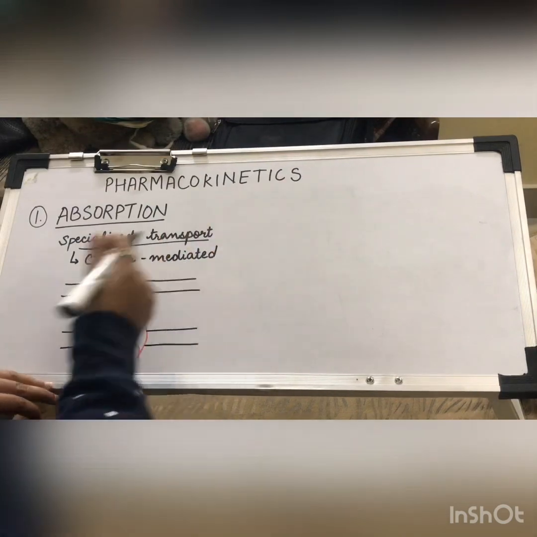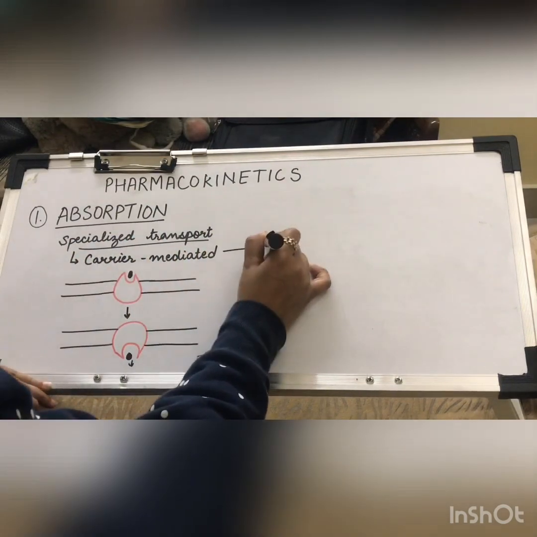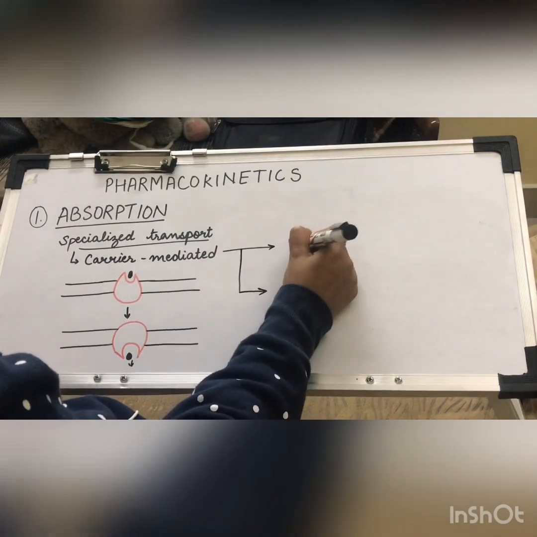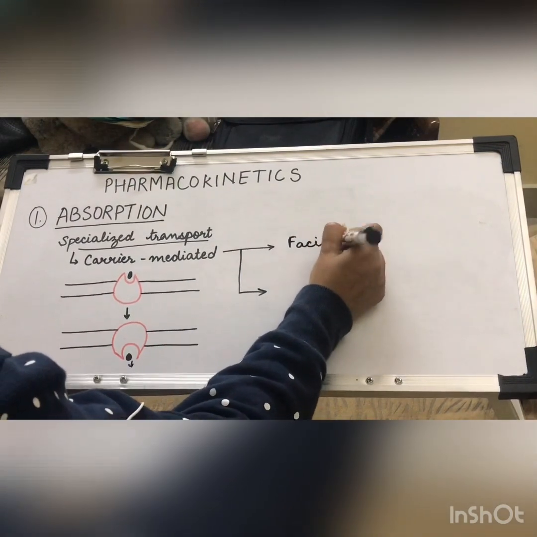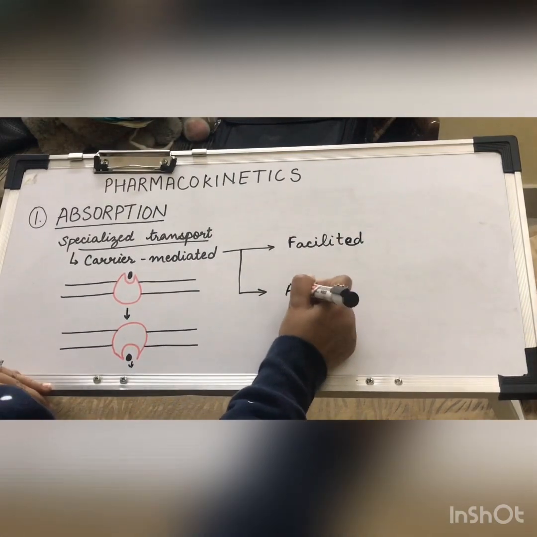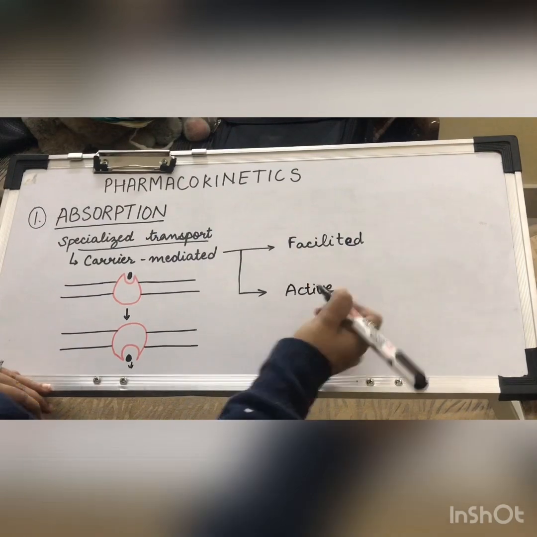There are two types of carrier mediated transports. One is facilitated transport and other is active transport.